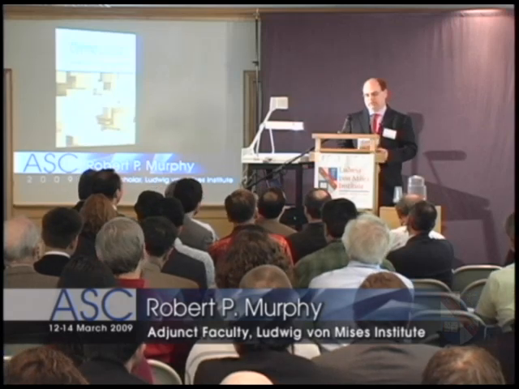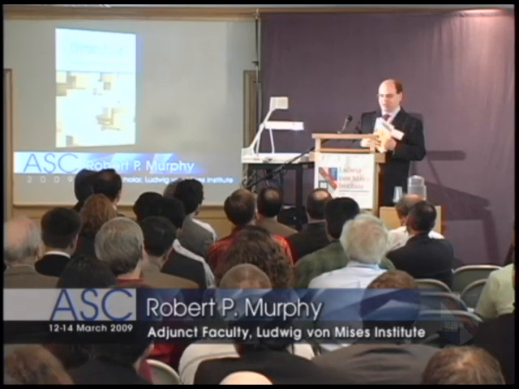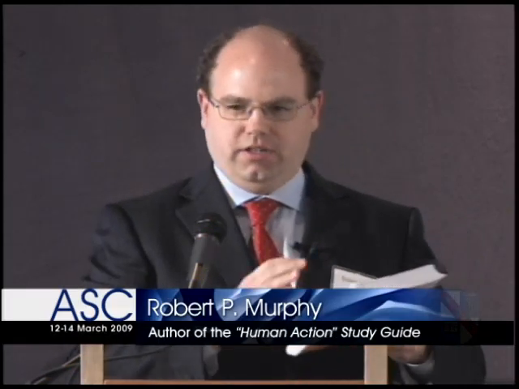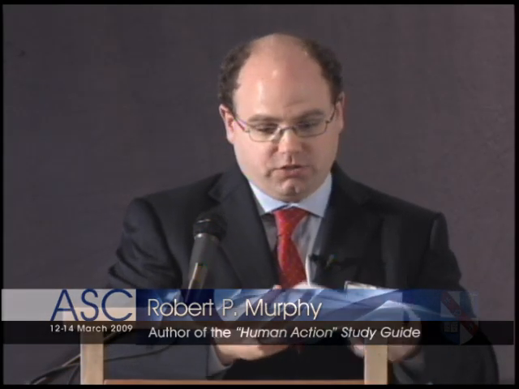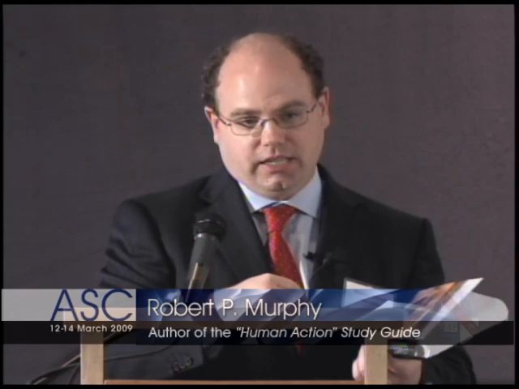Now, I'm here to discuss the Human Action Study Guide. I had to bring it up and show you, because what you don't get from seeing it here or even in the bookstore is the fact that it's got this spiral binding. The reason they did that is because on the one hand, this is a nice tome that's supposed to be on your bookshelf where you never use it, but that's not the point of this. It's supposed to be useful for students. Jeff Tucker and I talked about this for the study guide to Man, Economy, and State, which a brilliant author did a few years back.